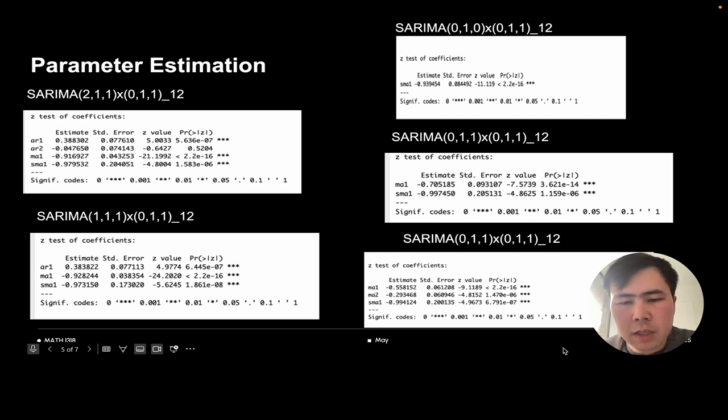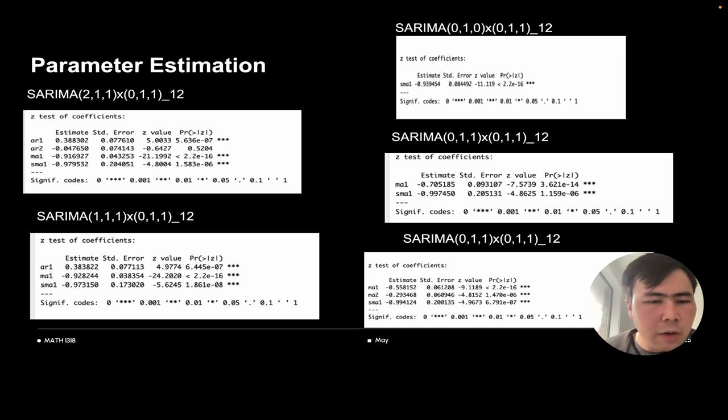In our third model, all the model parameters are significant, all of them below 0.05. In our last model, all the model parameters are significant except R2.